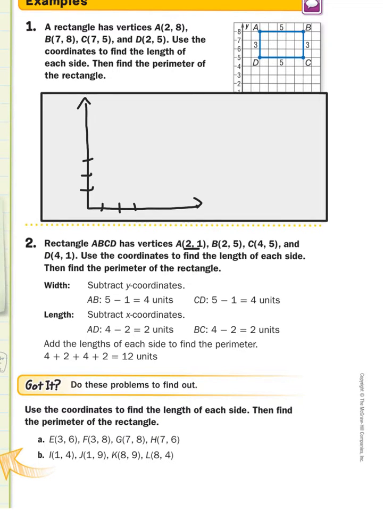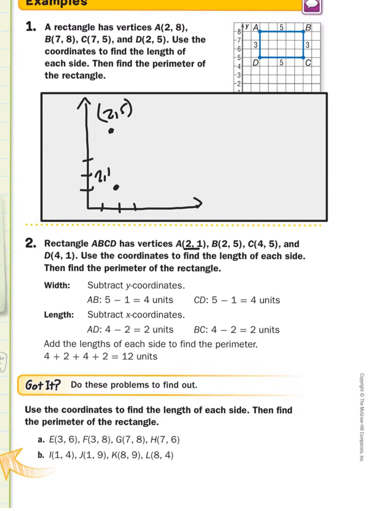So if A is at 2, 1, I can imagine going over 2, up 1, so I would just put A right here. And I'm going to write the coordinates for A: 2, 1. B is at 2, 5, so I'd go over 2, up 5. That's at 2, 5.